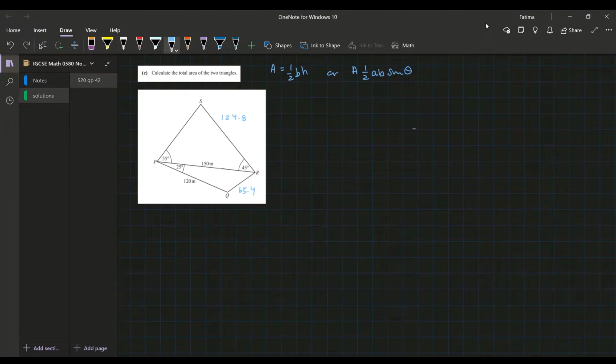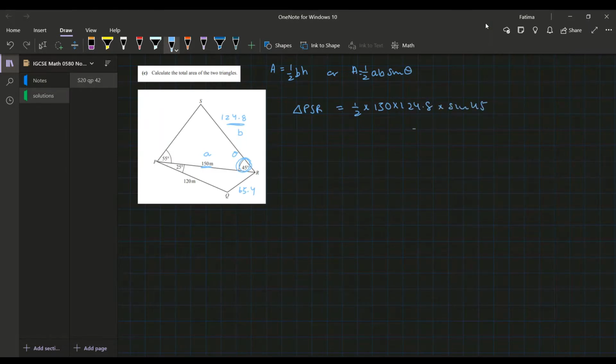So for our bigger triangle PSR, we're given this length here, and the angle between them. So 150 can be a, 124.8 can be b, and theta can be the 45 degrees between them. So when we apply that for the triangle PSR, it will be half into 150 into 124.8 into sine 45.